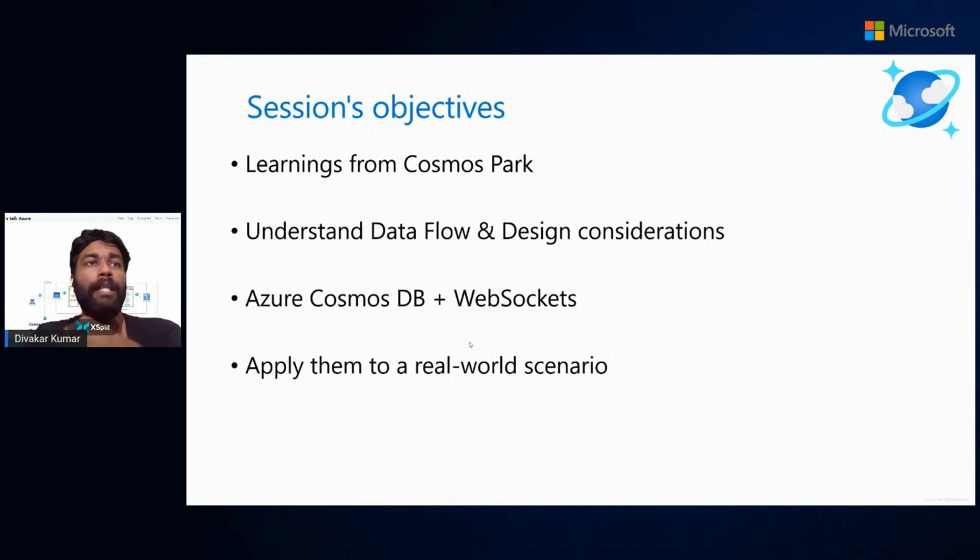The third part is the most interesting part, because at the end of the day we need to show something in the front end, right? So we are going to see WebSockets and how they can be interlinked with Azure Cosmos DB. And at the end, we are going to see a real demo of this.